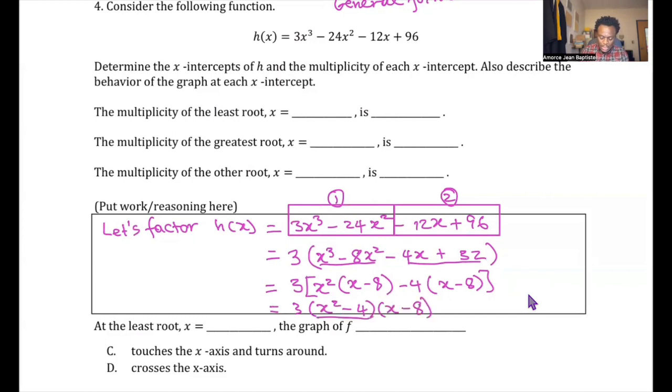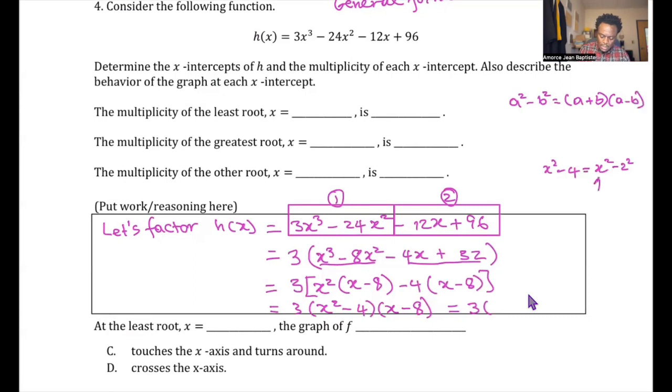But I'm not done yet. This can be factored again by using the difference of two squares. So I can completely factor this as 3 times x squared minus 4, which is the same as x squared minus 2 squared. The difference of squares is if we have a squared minus b squared, that is a plus b times a minus b.